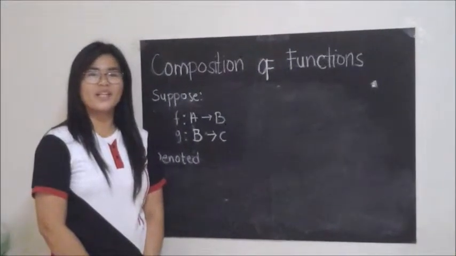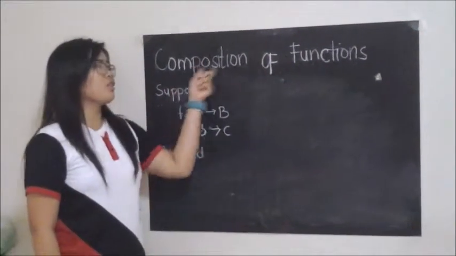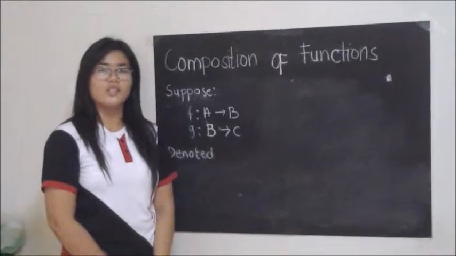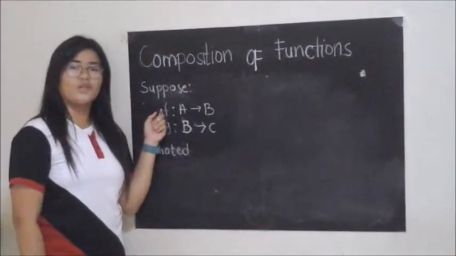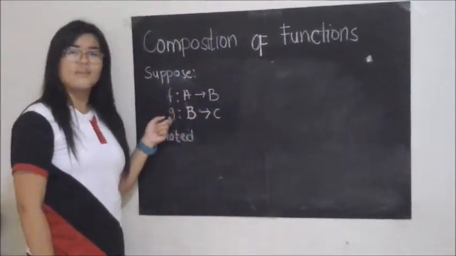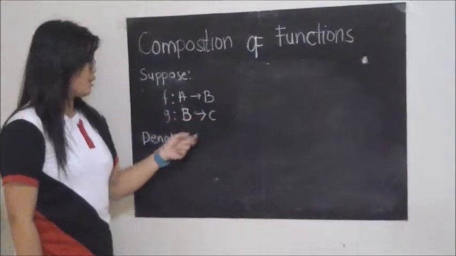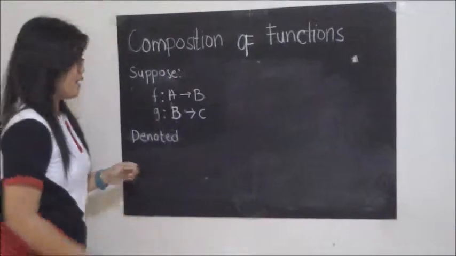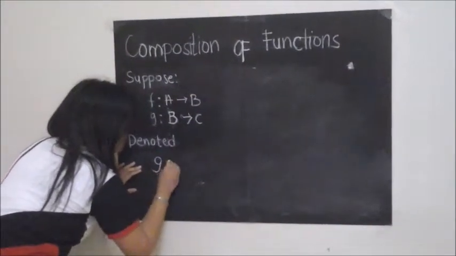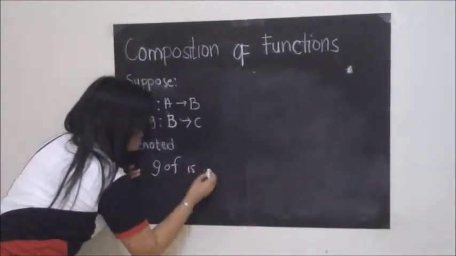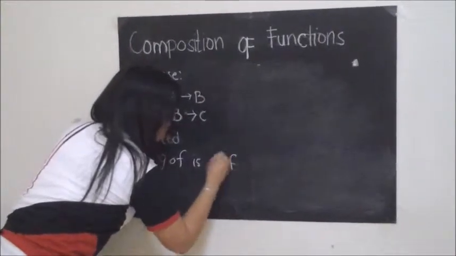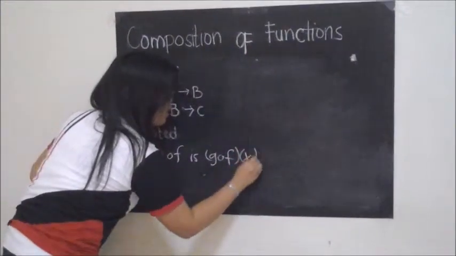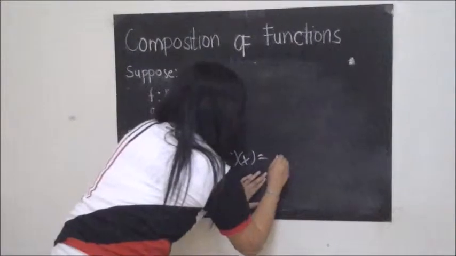Hi, our topic for today is all about the composition of functions. Definition. Suppose f is a function from A to B and g is a function from B to C. Then the composition of g and f, denoted by g circle f, where (g circle f)(x) is equal to this statement.